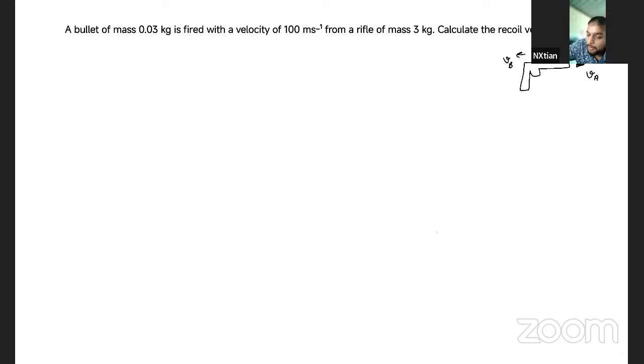So in this case, you have to take positive and negative signs also. Okay. So the mass of the gun is MB.